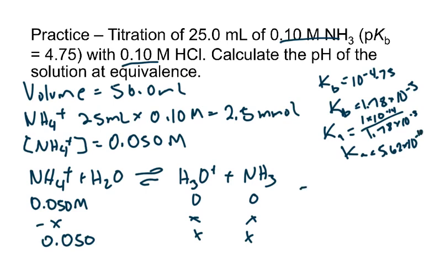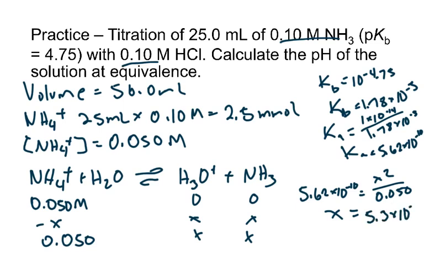And my Ka then is equal to x squared over 0.050. So my x is 5.3 times 10 to the minus 6, which is my H plus or H3O plus concentration.